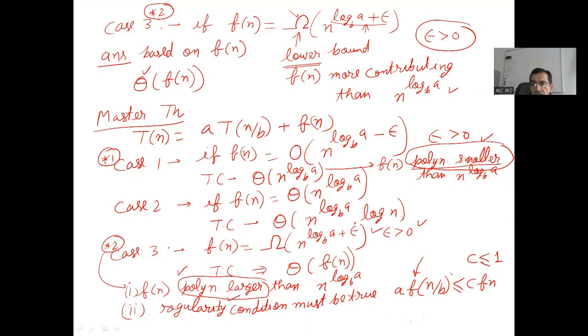Remember, if the children were also being considered for the same function or same contribution using n by b size a times, then I should be able to ensure that my root, with some constant, can be considered to do a contribution at least as good as the children's contribution.